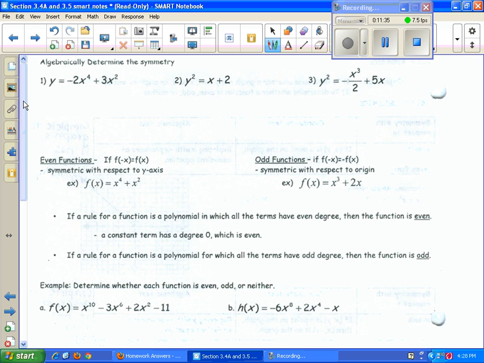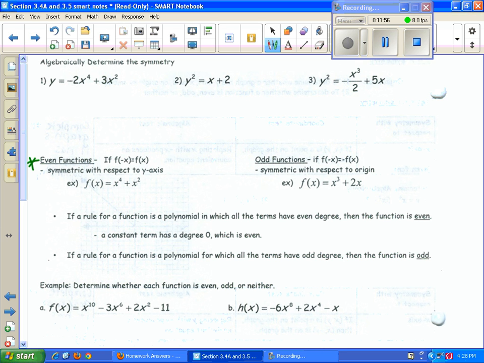Normally, this is a little bit easier if we first talk about even functions and odd functions. I'm going to look at this part on my paper that we have. An even function: if you replace negative x into your function and get an equivalent statement out, that means you have symmetry with respect to the y-axis.